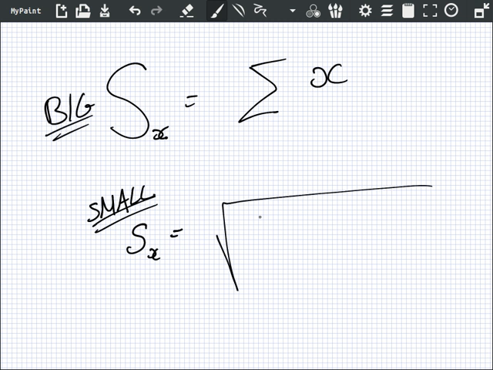Root, the sum, from i equals 1 to n, of xi squared over n, minus the mean of x squared. The mean of x would be the sum of x over n. That's S squared.